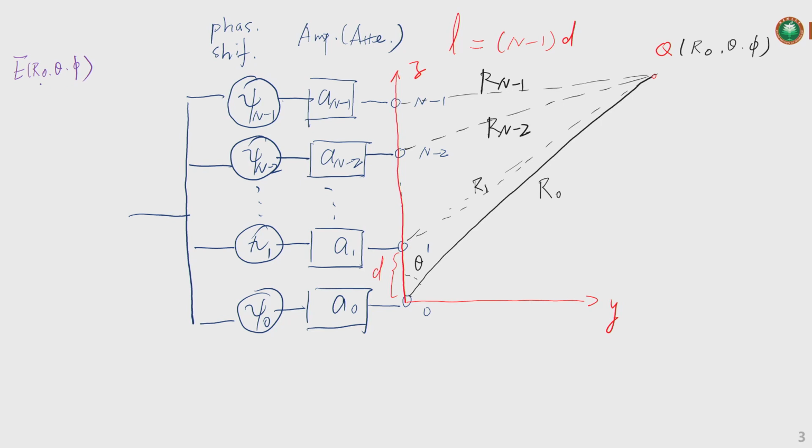Here we use r node to represent the distance of the whole array to the point Q. We just consider this as an approximation, because the point Q is in the far-field region, or far zone.